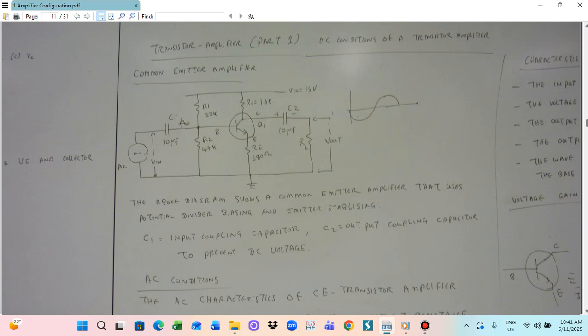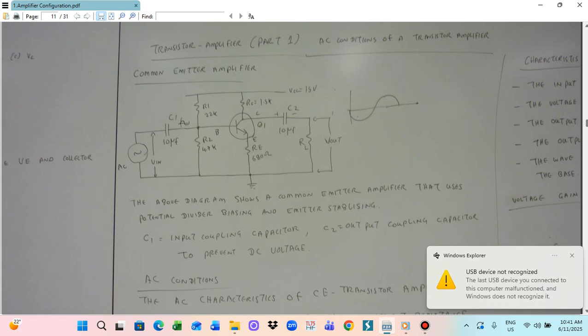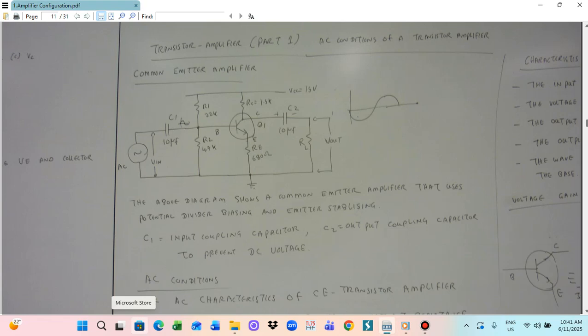In this situation, only the AC signal can be amplified. You cannot amplify the DC, so this DC must not be present at the B. When DC is present at the B, this DC will disrupt the amplification process.